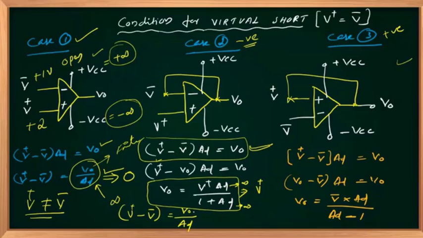And if V out is finite, then you can say that V plus minus V minus equals 0 if AD is infinite. And we don't know whether it is finite or not. Implies if I'm applying a plus infinity or a minus infinity or both at a time, my output V out should be finite. Then I can say that this ratio goes to 0. Implies V plus equal to V minus, or V plus minus V minus equal to 0.